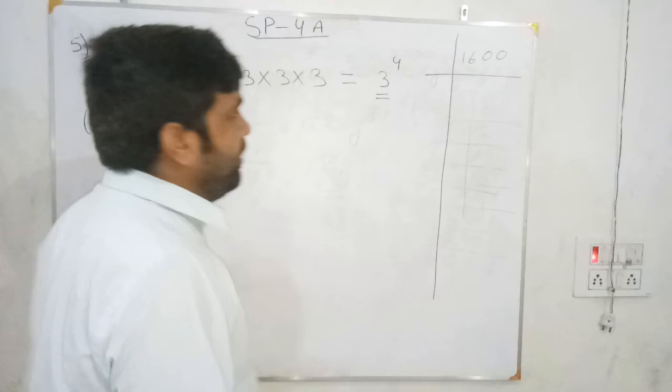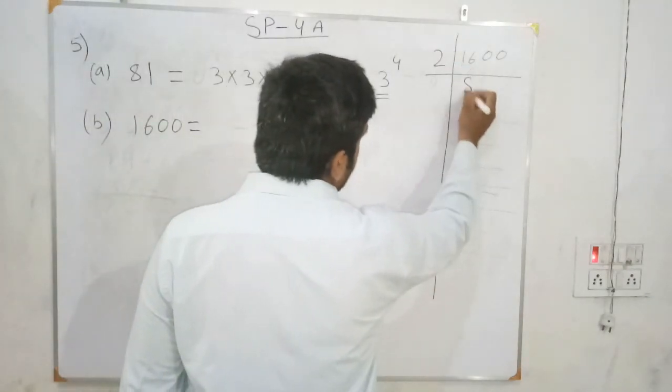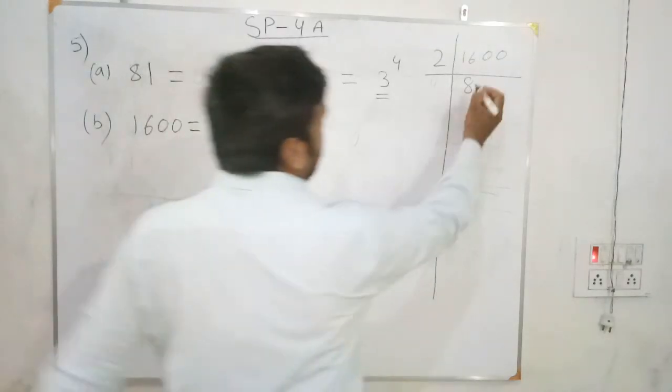Yes, it is divisible by 2. The first prime number is 2. 2 8s are 16. 2 8s are 16.